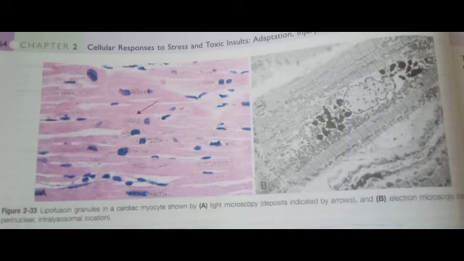When there is systemic overload of iron, hemosiderin may be deposited in many organs and tissues. Such a condition, where hemosiderin is accumulated in many organs and tissues, is called hemosiderosis. The main causes of hemosiderosis are increased absorption of dietary iron due to an inborn error of metabolism.